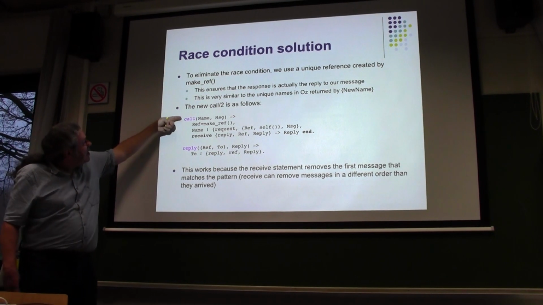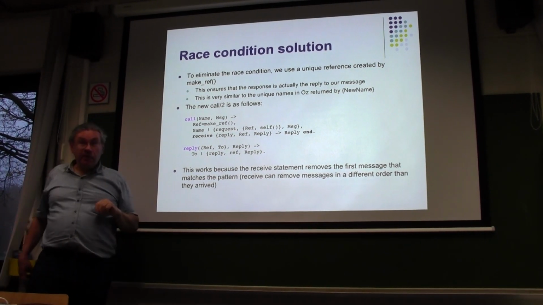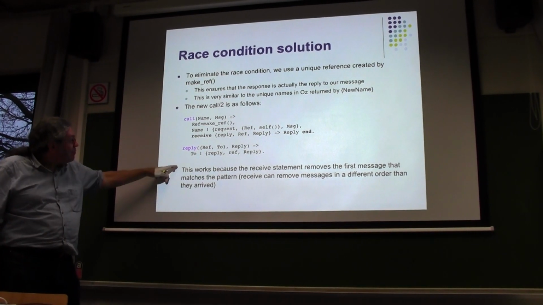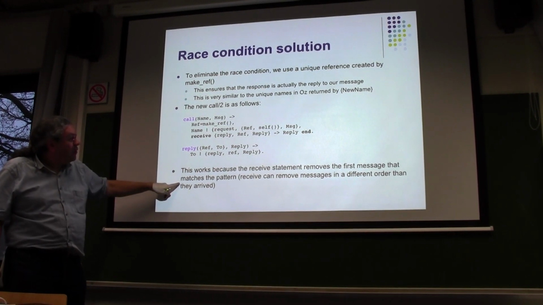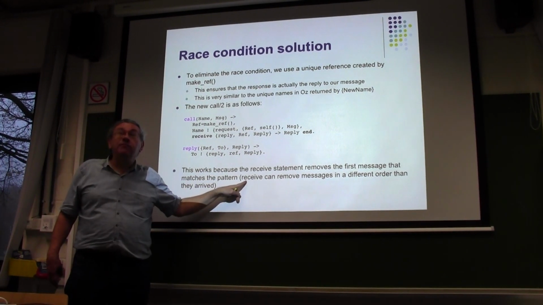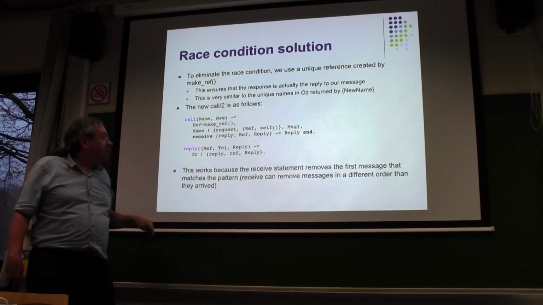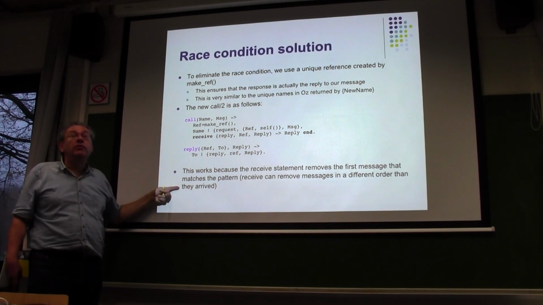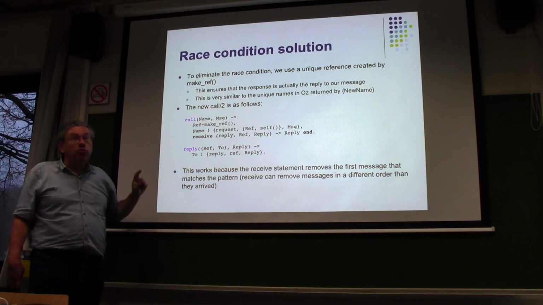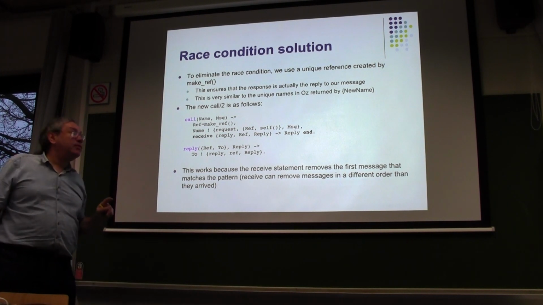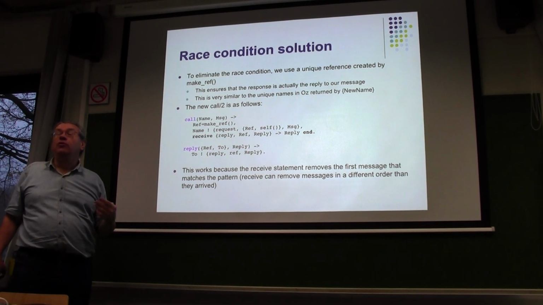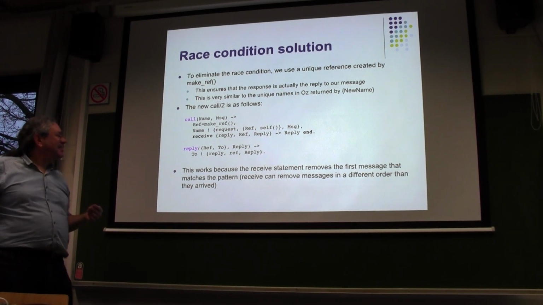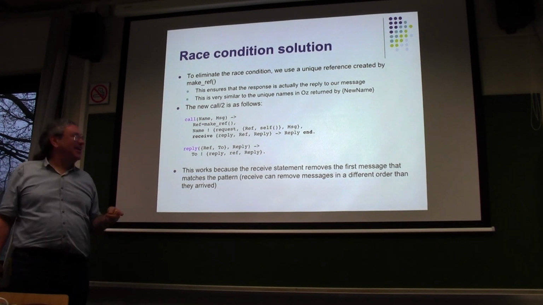So you see, this is one way of making the messages unique, and this works also because of the receive, that it can remove messages in a different order. This technique would not work for port objects, which receive messages in the order. There you would have to do something else.